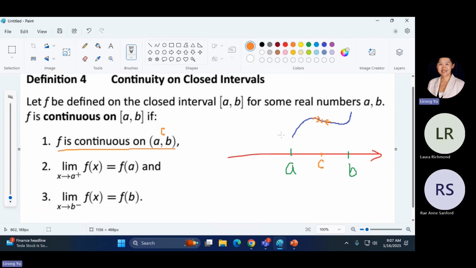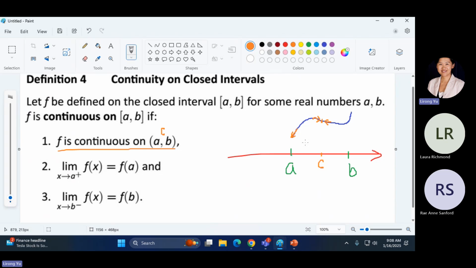Now, on the endpoint, at A, which is the left endpoint of the continuous graph, you will not be able to approach A from the left, because it's not defined or not included in this discussion. So we will have a function value at A, and we will have a right limit at A. We will not have a left limit.